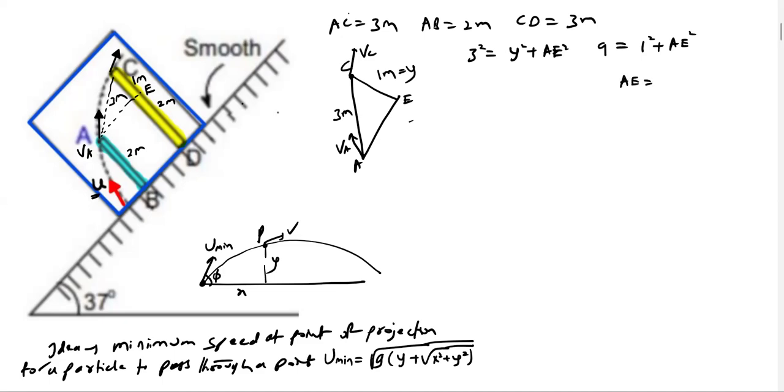So AE will be 2 root 2 meters. This length will be 2 root 2 meters. This is 2 meters. Now we know this distance, 2 root 2 meters, and this will become x.